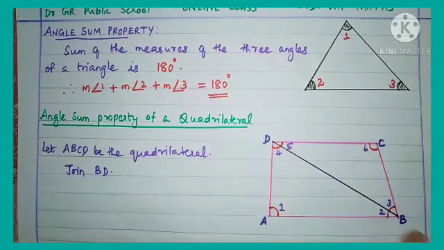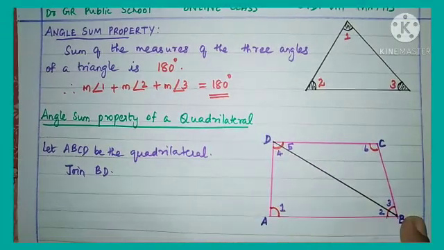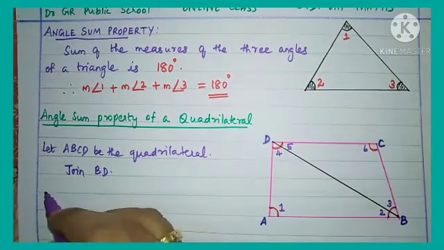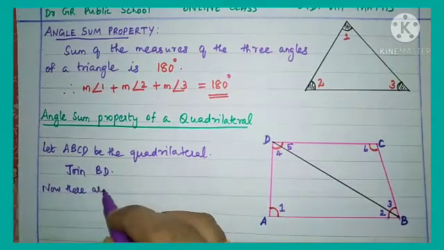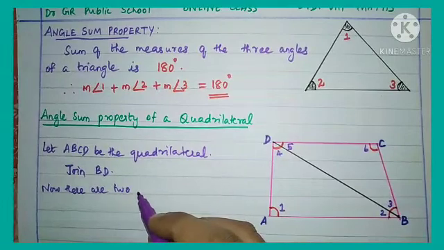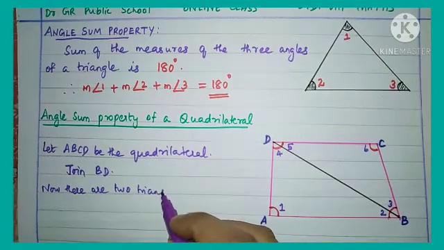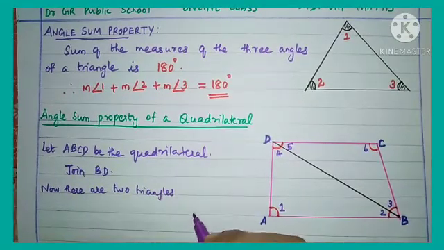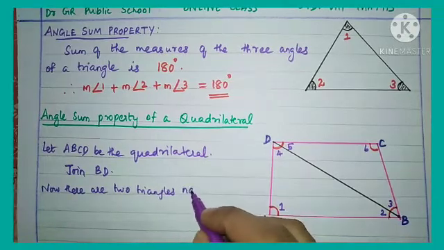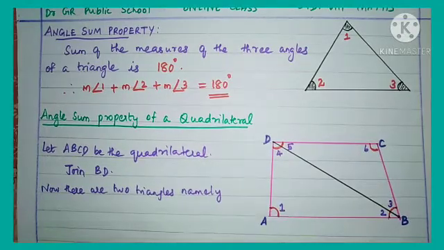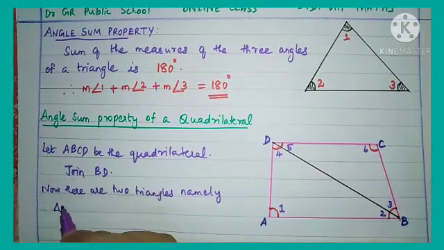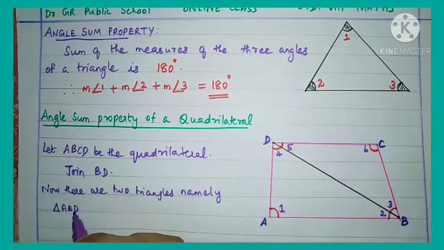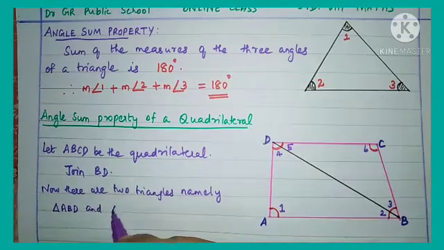I joined this line segment BD. Now there are two triangles, namely triangle ABD and triangle BCD.